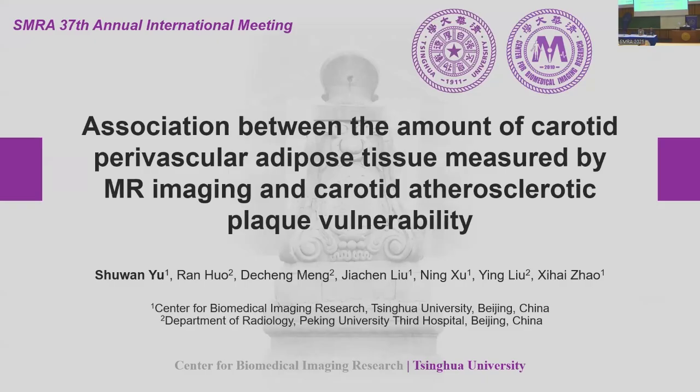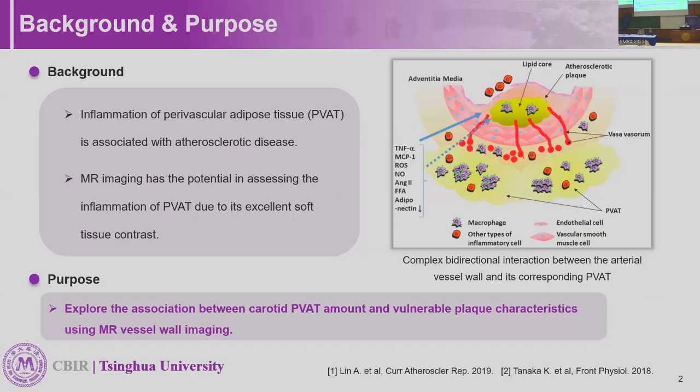Hello everyone, I'm Shuwan Yu from Tsinghua University. My topic is the association between the amount of carotid perivascular adipose tissue measured by MRI and carotid atherosclerotic plaque vulnerability. It has been shown that inflammation of PVAT is associated with atherosclerotic disease.